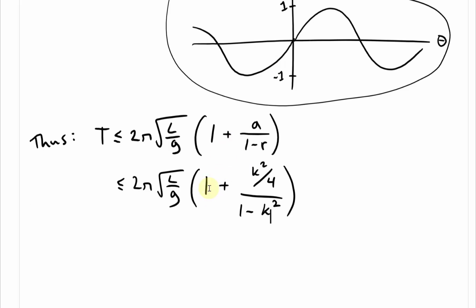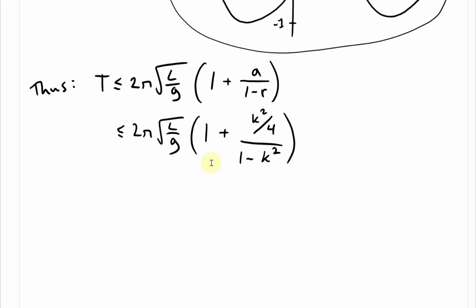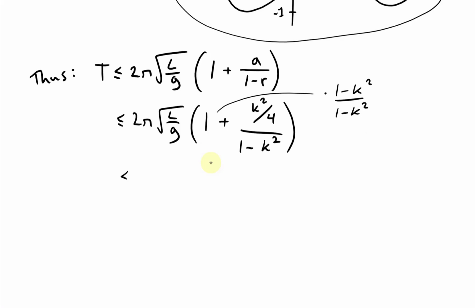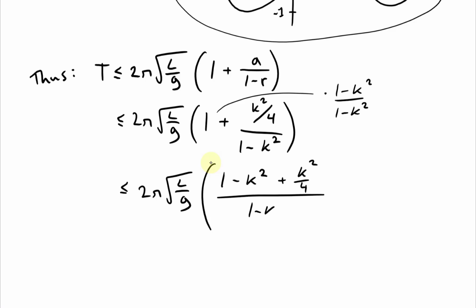I'm going to multiply this part right here by the denominator and the numerator, by 1 over k squared over 1 over k squared, so that we get less than or equal to 2 pi square root L over G, and then a giant bracket: 1 minus k squared plus k squared over 4, divided by 1 minus k squared.